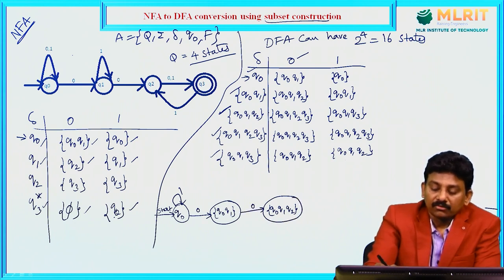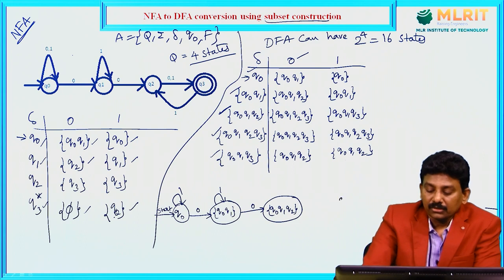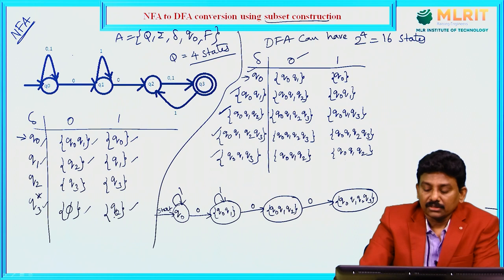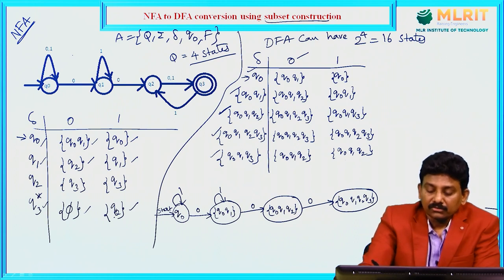Q0 Q1 on 1 going to Q0 Q1, a self loop. Next Q0 Q1 Q2 on 0 going to Q0 Q1 Q2 Q3, on 1 going to Q0 Q1 Q3.